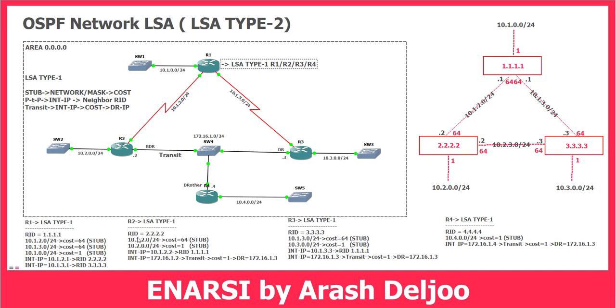Router 2 sent this information to router 1. I am quad 2, and I have connectivity to 10.1.20/24 with the cost of 64. And also I have connectivity to 10.2.0/24 with the cost of 1. This is a stub.